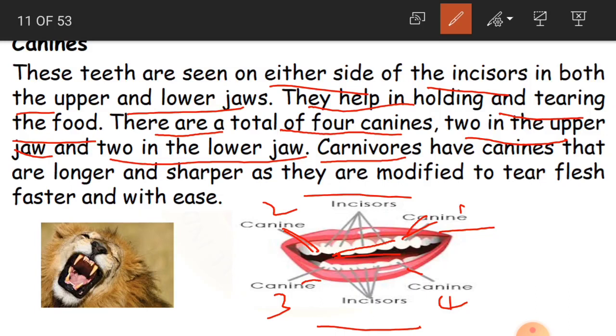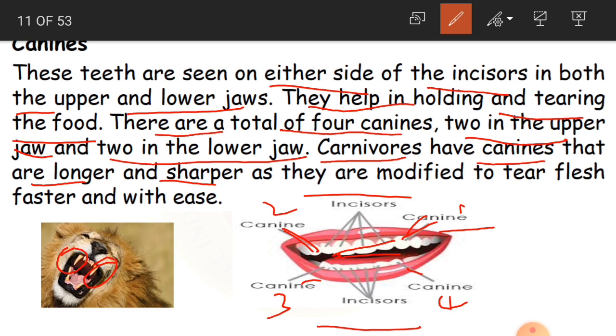So these carnivores have canines that are longer and sharper. See here. Are you able to see the canines of this lion? How are they? They are long and they are sharp. They'll catch hold of an animal and tear it into pieces to eat.